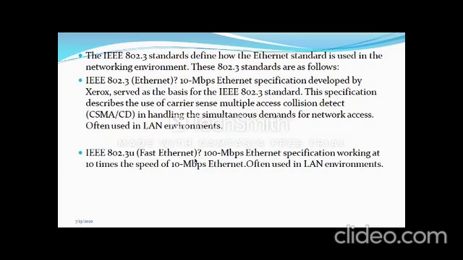Earlier we have seen 10 Mbps, 100 Mbps, 1000 Mbps. 10 Mbps is Ethernet, which uses CSMA/CD. 100 Mbps is an Ethernet specification working 10 times the speed of this Ethernet. This is 10 Mbps, this is 100 Mbps. This is used in LAN environments.